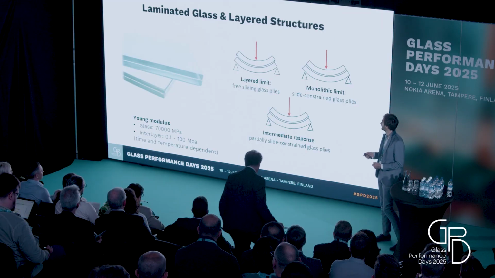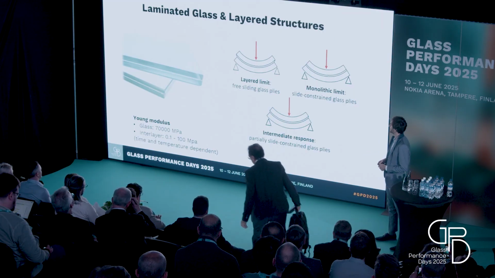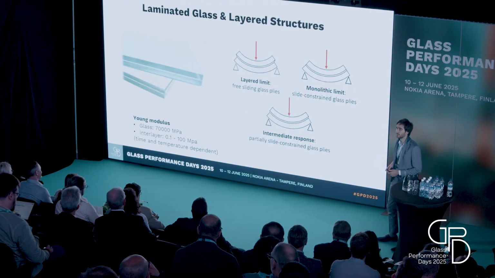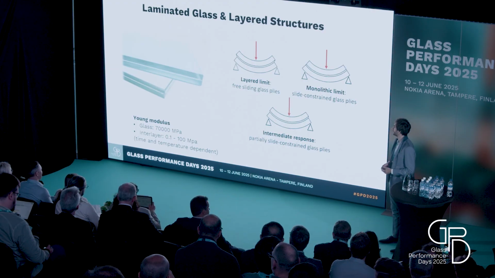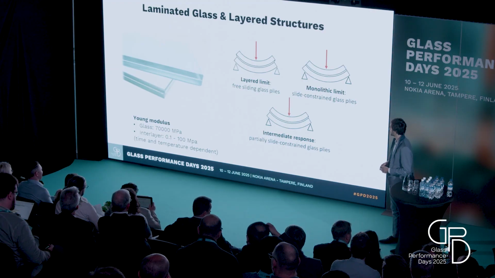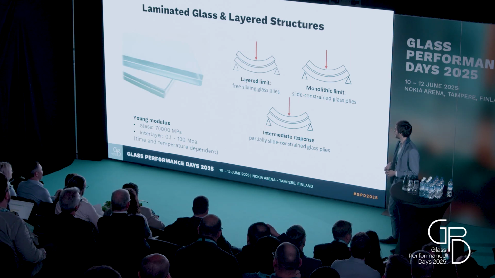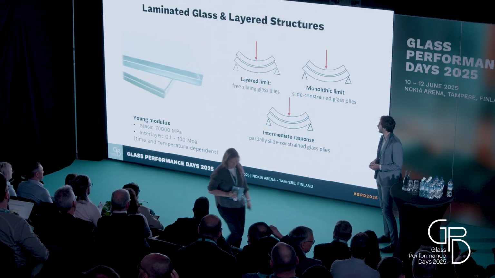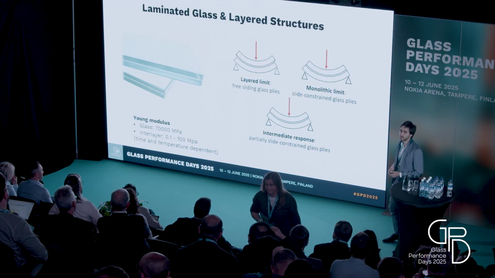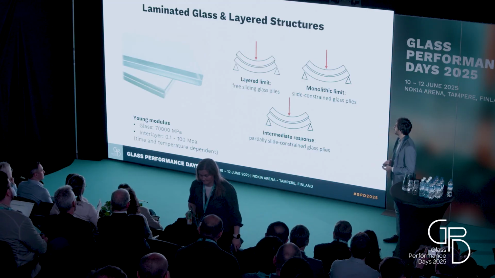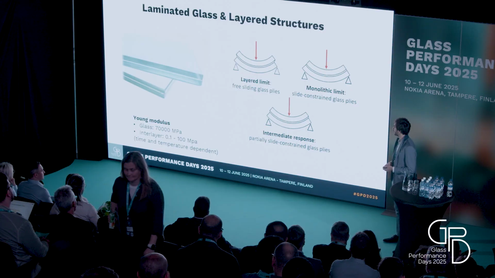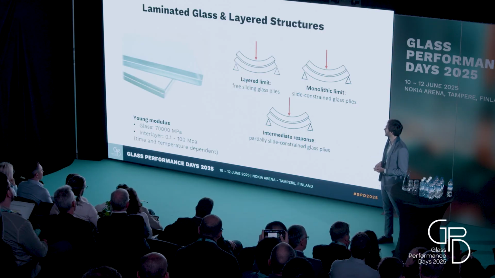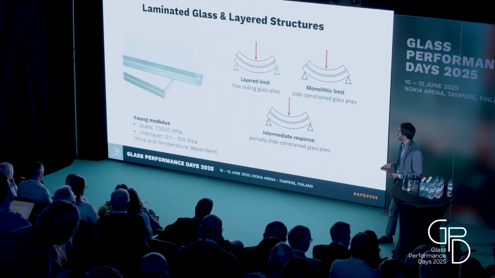Laminated glass has stiff glass plates bonded to a polymeric interlayer, which has a much lower Young modulus. The interlayer is viscoelastic, but we model its behavior with a quasi-static simulation based on load duration and temperature.